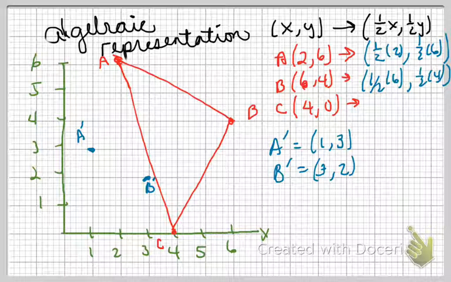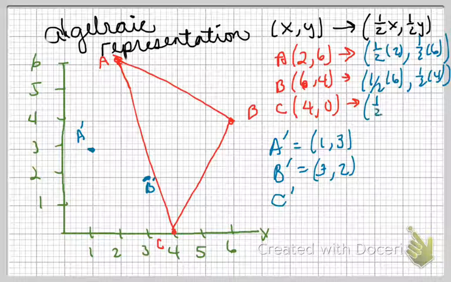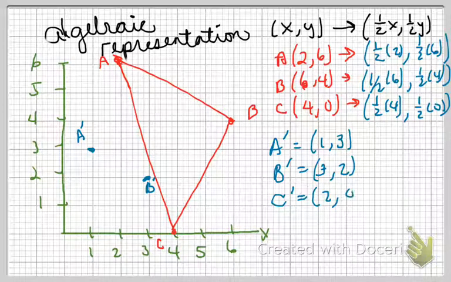Then my C prime. I'm going to take half of 4 and half of 0. Well, that's easy. Half of 4 is 2, and half of 0 is still 0. So my C prime is going to equal (2, 0). (2, 0) would be right here.